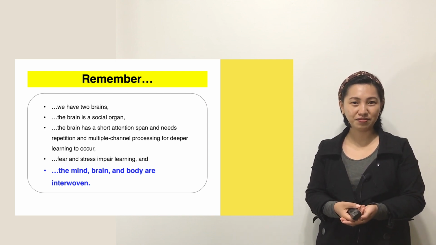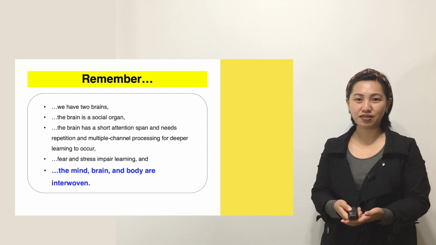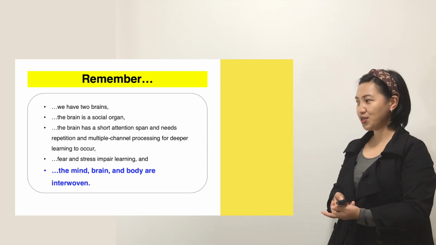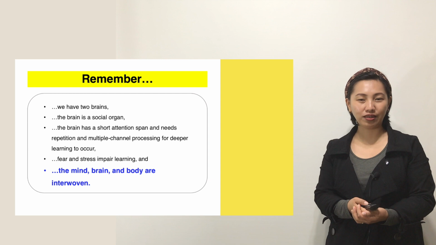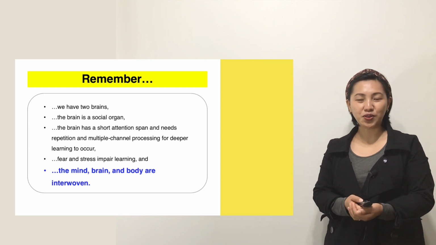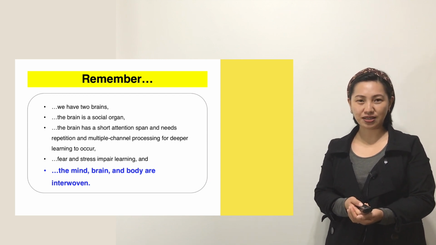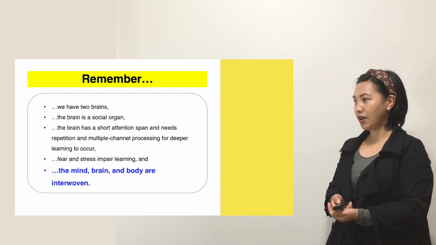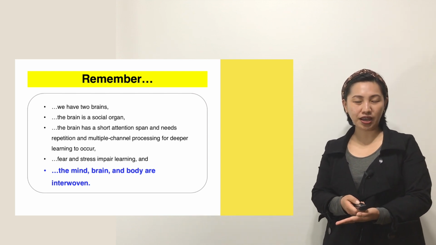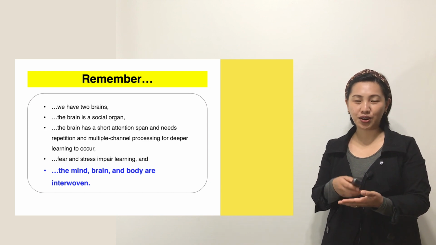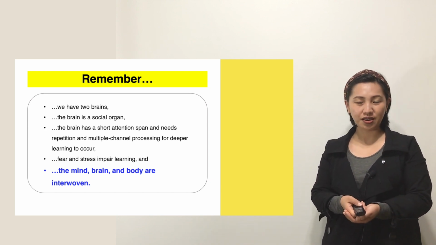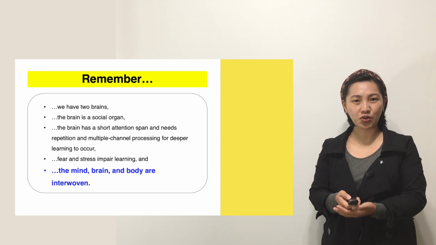Mind-body. And of course, mind, the brain. How was our lecture? I hope you learned some useful information out of it. In addition to mind, body, that's why it's important to take care of the body, because it also affects our brain, right?